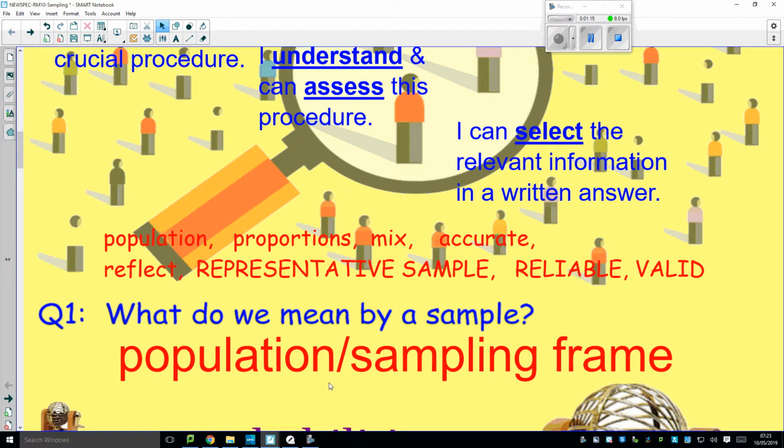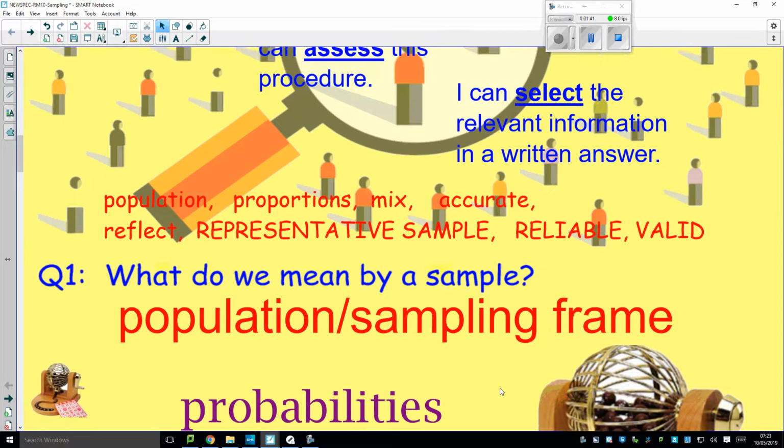So if you're going to study mothers with kids under 1, every mother with a child under 1 is your population or your sampling frame. Now that is too many people to study. That's millions of people. So you can't do that. So you've got to pick some of them. That picking them is called sampling. They become your sample.